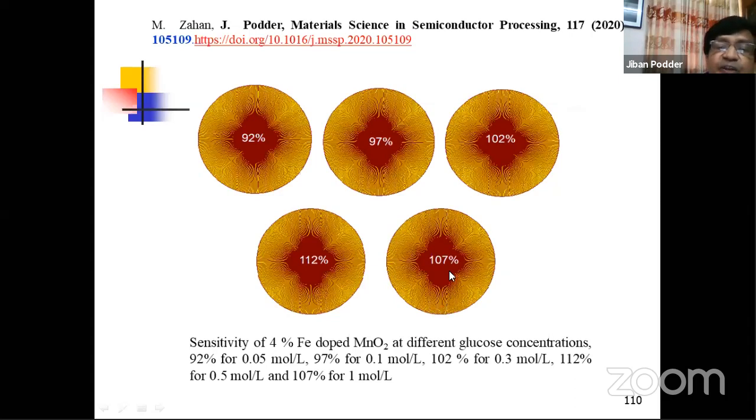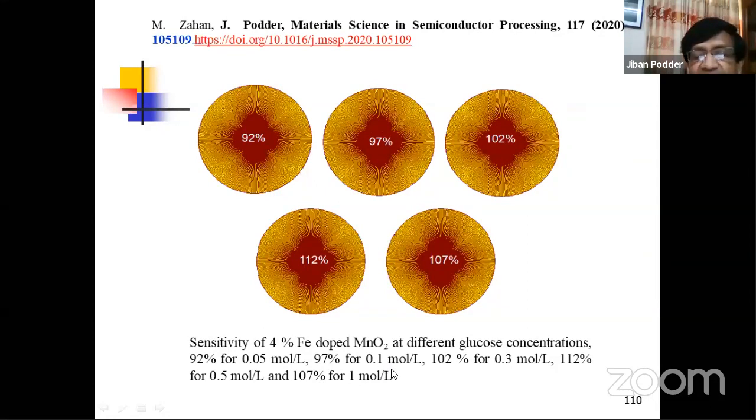So depending on the different glucose concentrations, for the same film the 4% iron doped manganese oxide gives the better absorption. This image represents the oxidation of the glucose mainly. So these preferred values start from 92% minimum, and these increase.